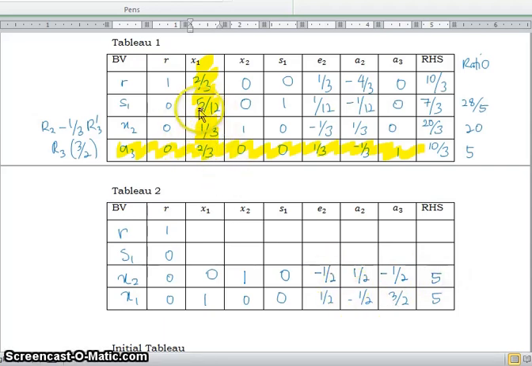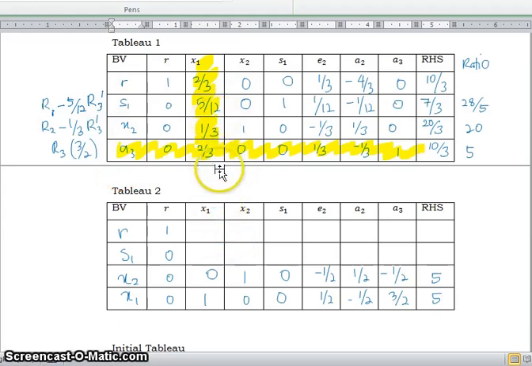Okay, let's move to row 1. To update row 1, the ERO is row 1 minus 5 over 12 times new row 3.